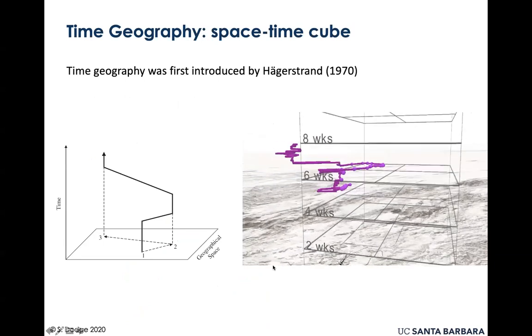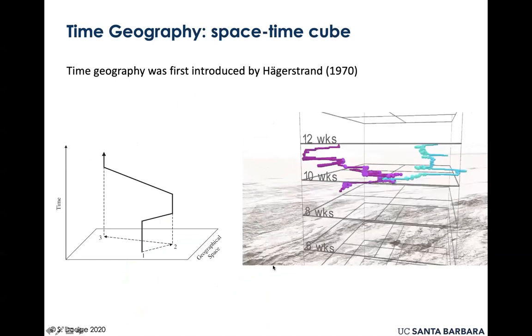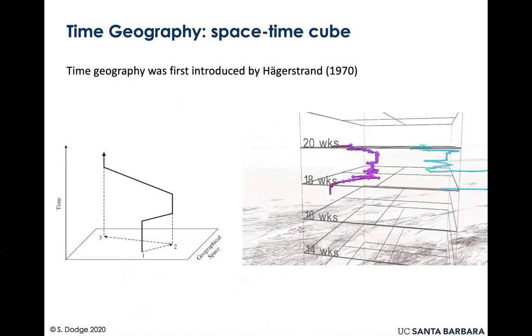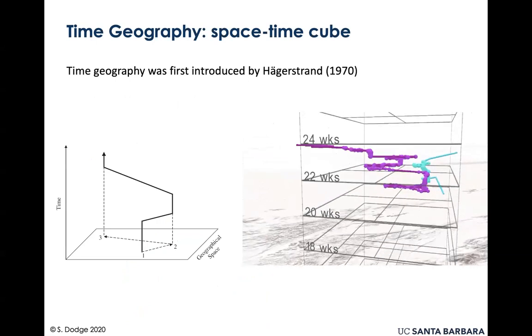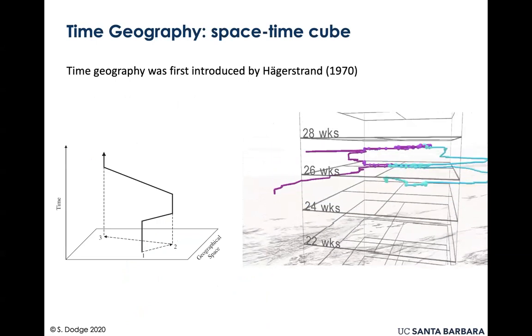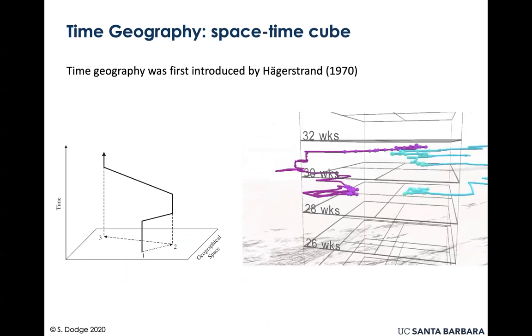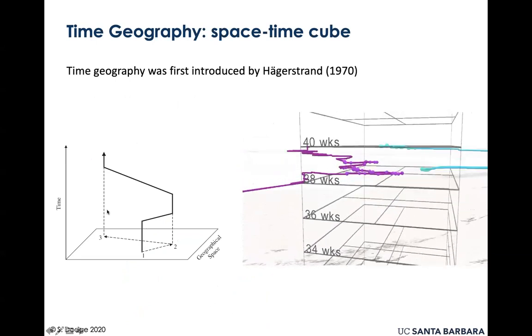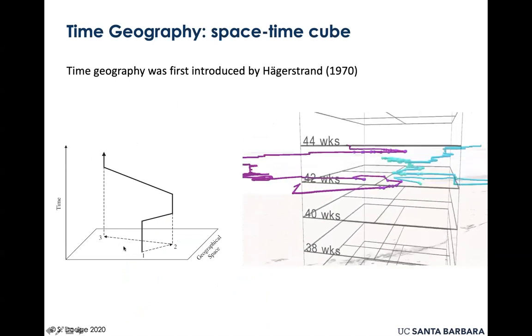My work is based on a space-time cube, or time geography, that was first introduced by Hägerstrand, and so is the work by Jed Long and Brandon. The idea is that if you track an animal or human over time, you get a space-time path of this individual.